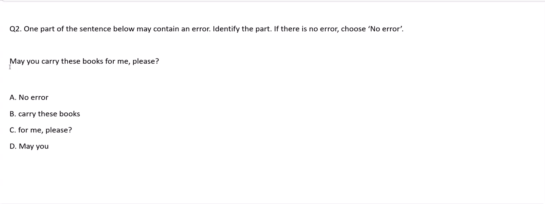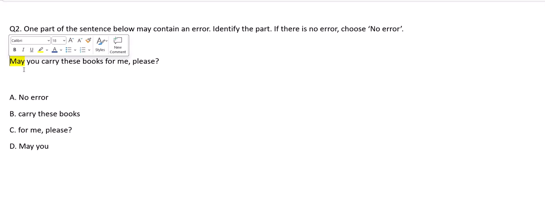First of all we have to see whether the sentence is correct or not. Before that we have to see when the modal verb may will be used. The modal verb may is used when the sentence is expressing permission or possibility.